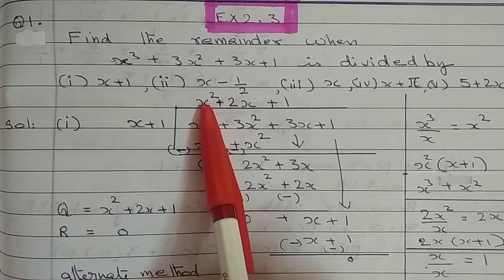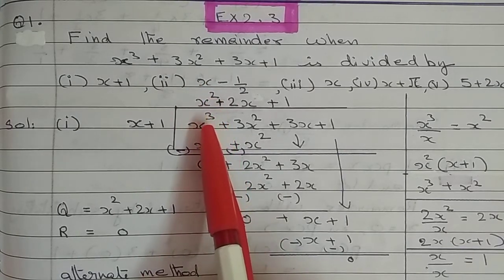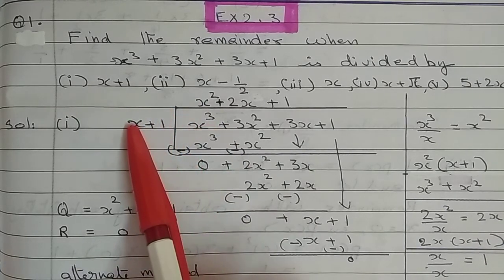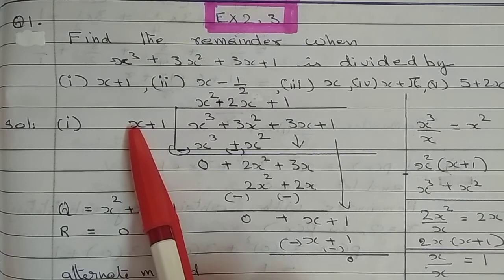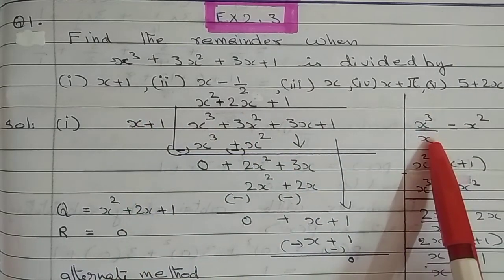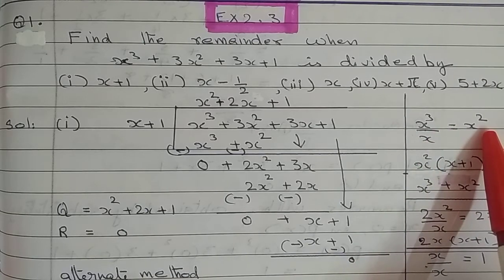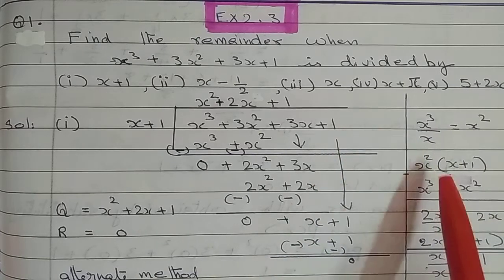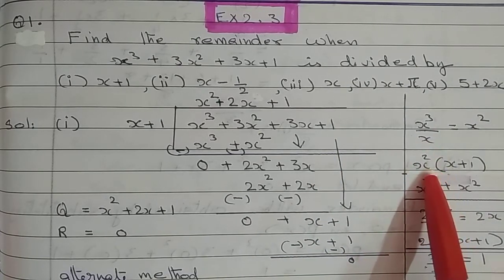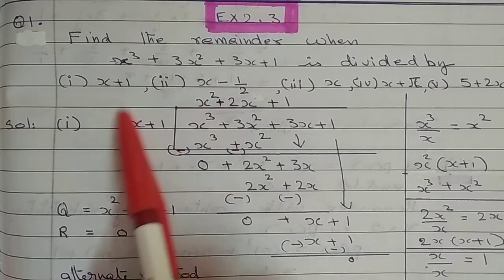The first term of the quotient is obtained by dividing the first term of the dividend by the first term of the divisor. That means x cube by x, which is equal to x square. Now the next step is to multiply the first term of the quotient we obtained by the divisor.